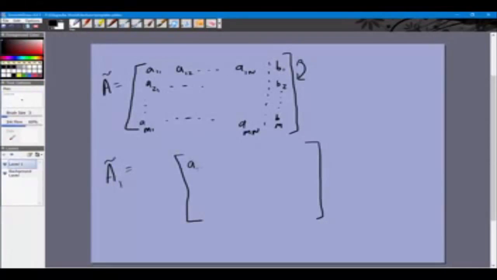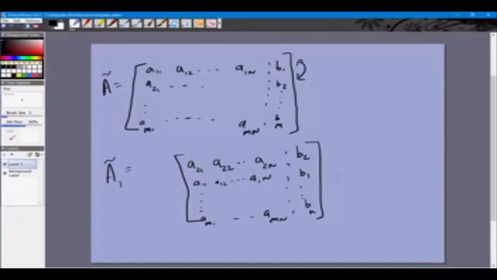So we would have a21, a22 till a2n, b2, then a11, a12 till a1n, b1, and the rest would be the same till am1, amn, bn. So this is the first augmented matrix with the first two rows interchanged.